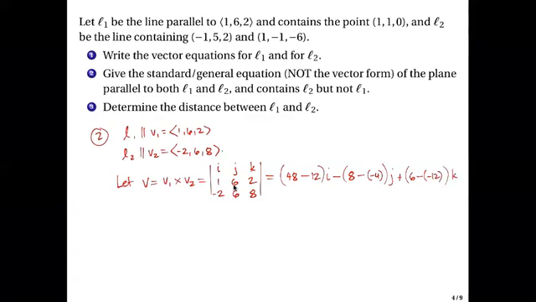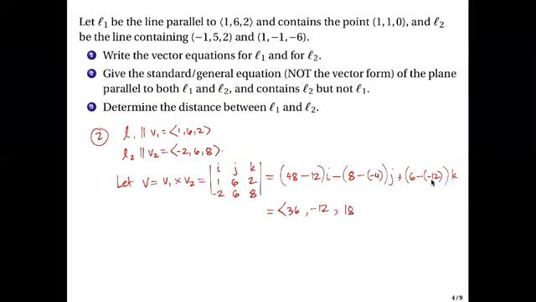If we simplify this and write this in vector form using the angle brackets, we have 48 minus 12, that's 36, comma. 8 minus negative 4, that's 12, and we have a negative here, so we have minus 12, comma. 6 minus negative 12, that's 18.